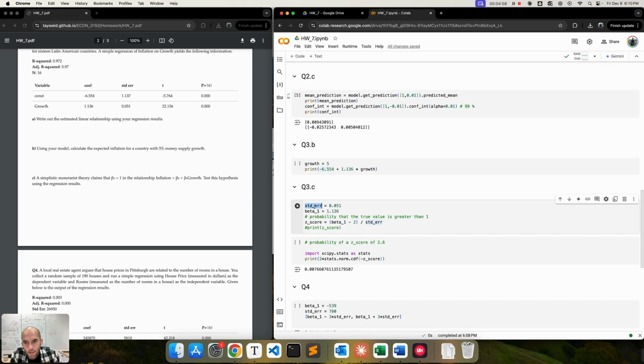So we have the standard error that's given to us for the beta 1. What we're fundamentally trying to do is test whether beta 1 is equal to 1, or as I'm going to do it, whether beta 1 is equal to 2.